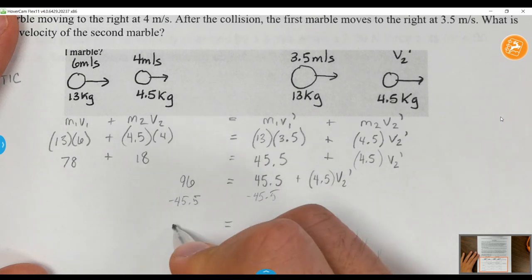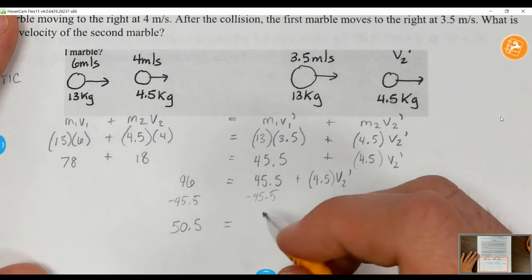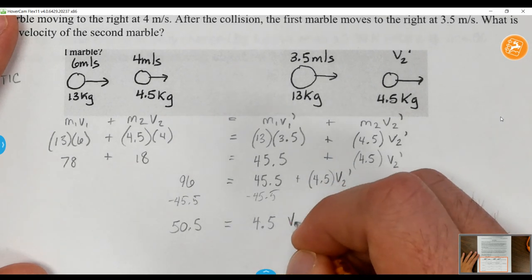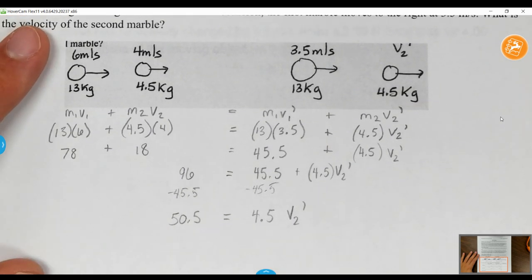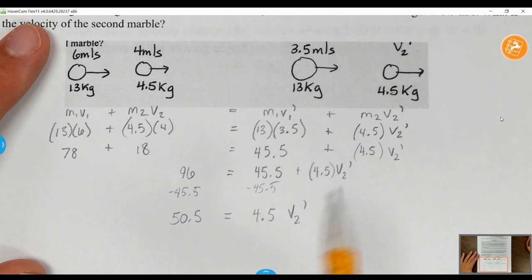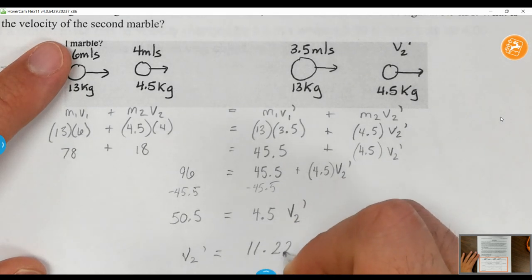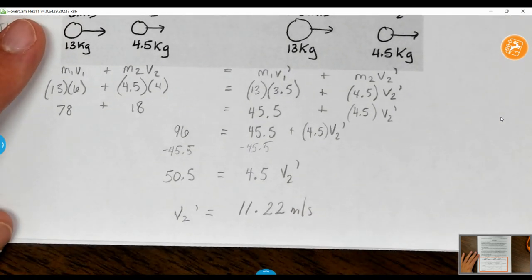That's going to leave me on this side with 50.5. All right, it's 4.5 V2 prime. Divide both sides here by the 4.5, and that will give us a new speed here of 11.2 meters per second.